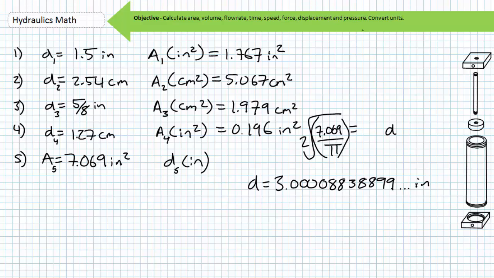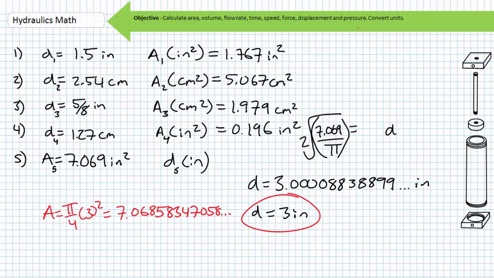They do, however, make hydraulic cylinders with 3-inch diameters. The point is, the surface area I gave you, 7.069 square inches, is an approximation of the surface area of a circle with a 3-inch diameter. There's a tiny disjoint in our answers because of the approximation.